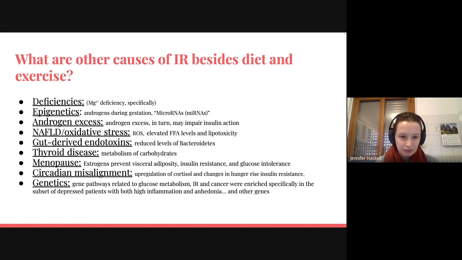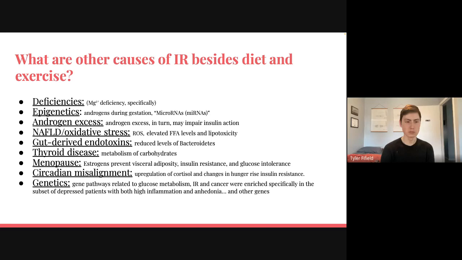And then genetics, of course, there are a lot of different genes that can influence weight gain and satiety and all of these things. And there was an interesting fact about depression: the same genes involved in glucose metabolism, insulin resistance and cancer were also involved with depression, so they could have the same root cause. Yeah, and this probably isn't an exhaustive list either.